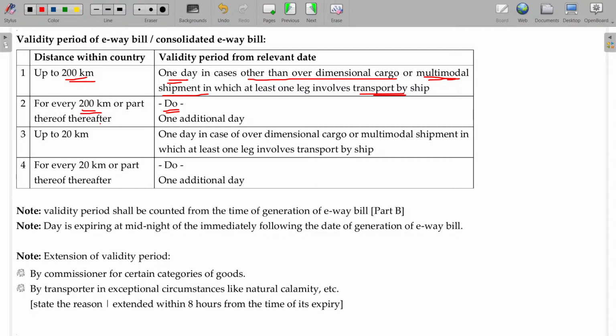So lorry for some part, thereafter some part transported through ship. In that case, it's not applicable. In case of multi-modal shipment or over-dimensional cargo, for every 20 kilometers, 1 day will be given. Usually 200, but in case of multi-modal shipment or over-dimensional cargo, 20 kilometers per day. Is that okay? That's about the validity period.